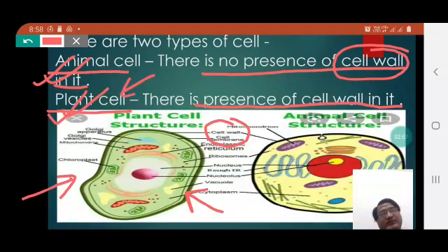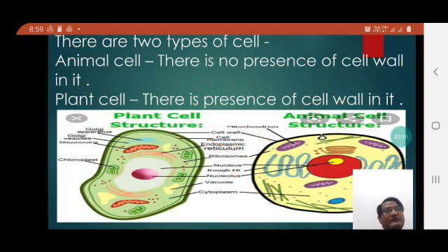Students, if you will notice here, the cell wall is also indicated, which remains present in the plant cell. But if the same cell wall you want to locate on the animal cell, then you will not be able to locate, simply because animal cell lacks the cell wall. So students, from the diagram also, presence and absence of cell wall is distinctly visible.